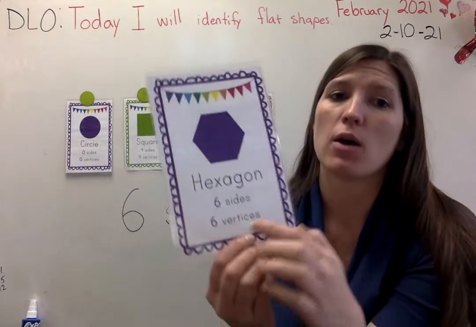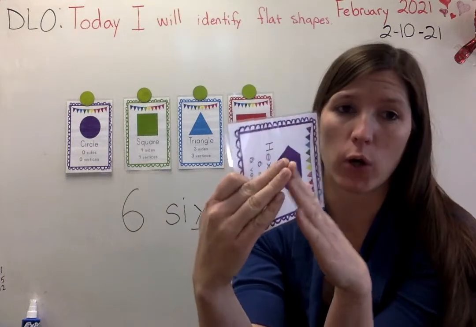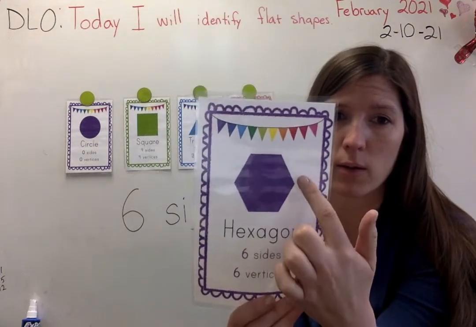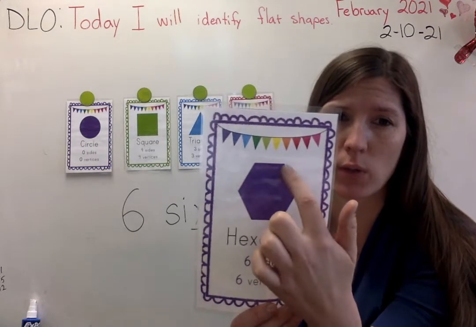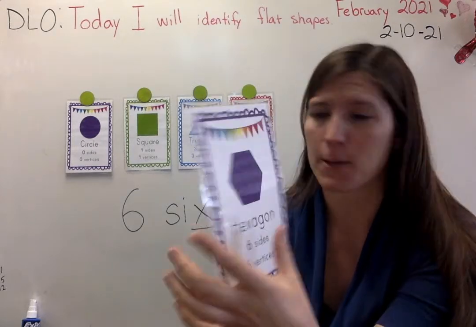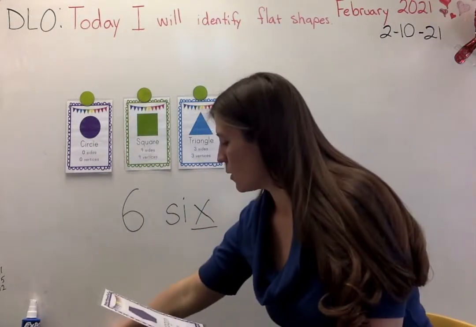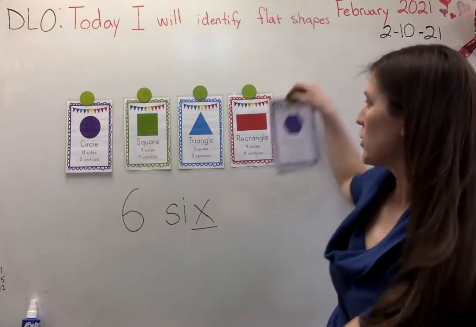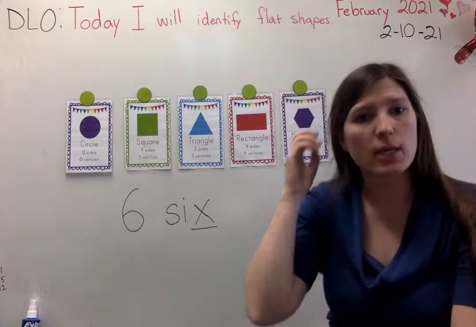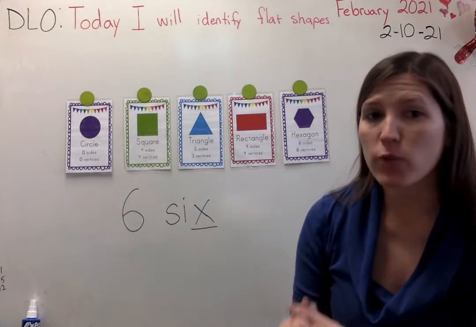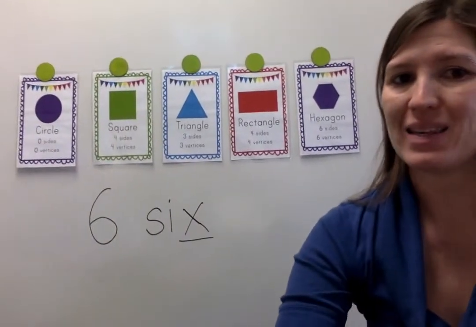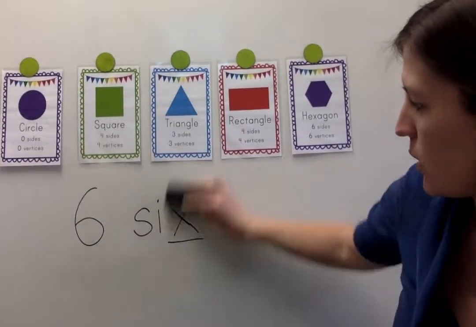The vertices are where the sides come to a corner, a point. 6 vertices or 6 corners. 1, 2, 3, 4, 5, 6. There are other flat shapes like ovals and trapezoids and rhombuses, but we're not going to be focusing on those shapes. We're only going to focus on these 5 shapes.